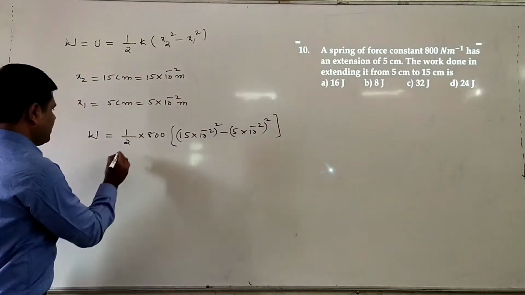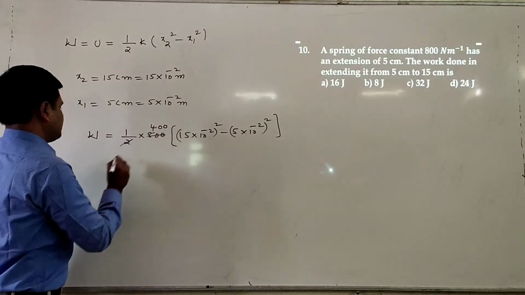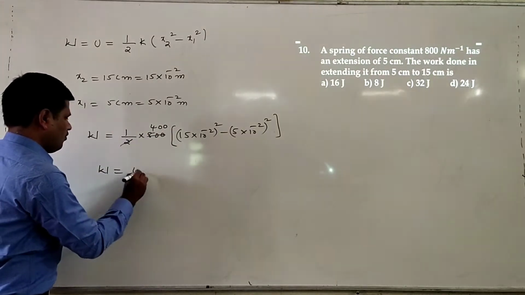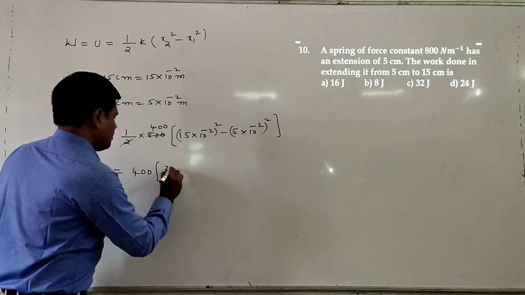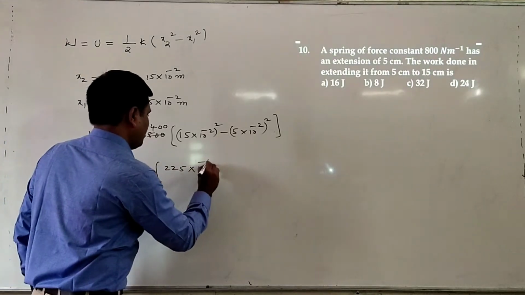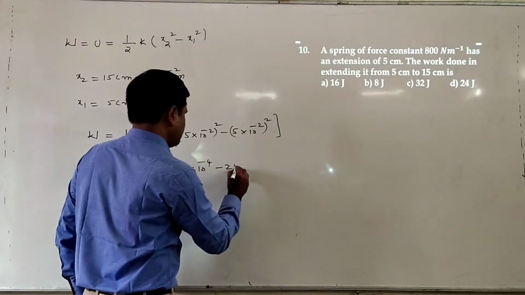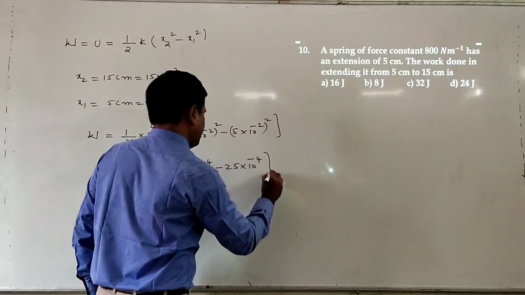Two ones are 2, 400s are. Now work done is equal to 400 into 225 into 10 power of minus 4 minus 25 into 10 power of minus 4.